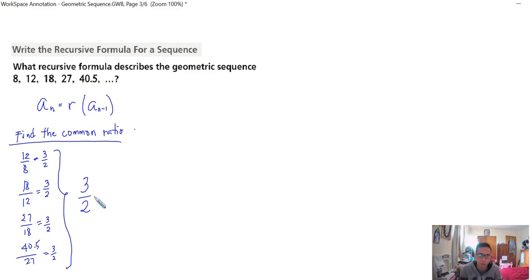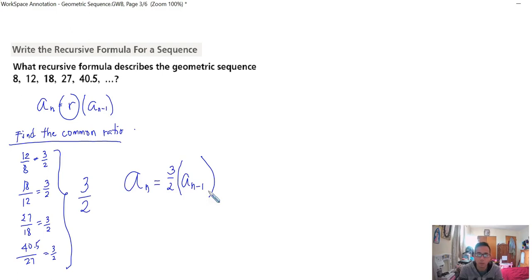Okay, and because we already have the common ratio, we can now write the recursive formula. So I can now put a sub n is equal to the ratio, plugging in r equals 3 over 2, multiplied by the previous term, a sub n minus 1.